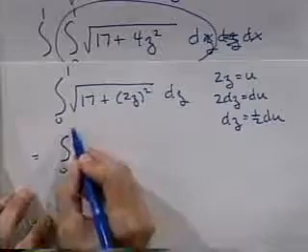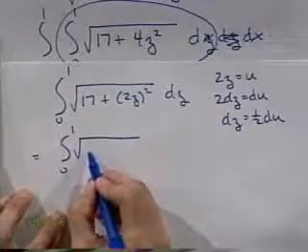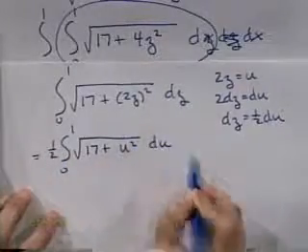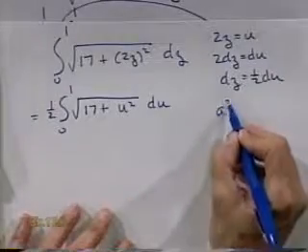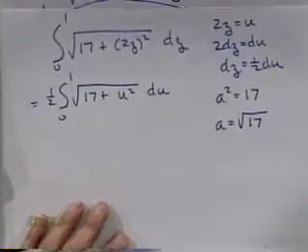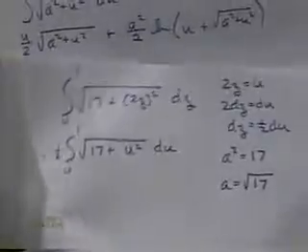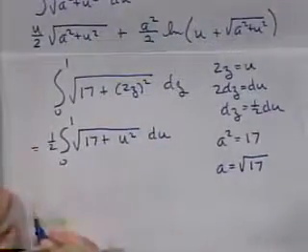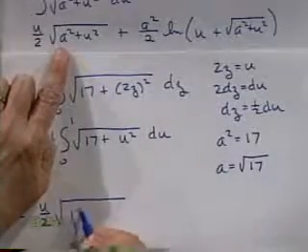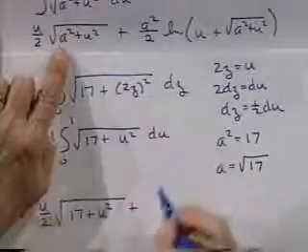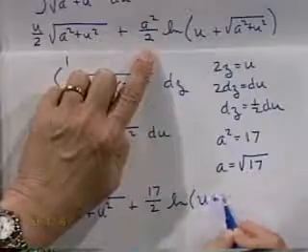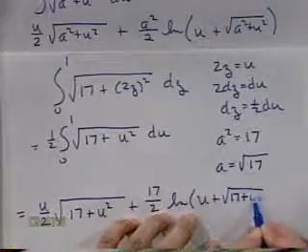So this is going to become the integral from 0 to 1 of square root of 17 plus u squared, and for dz, I'll put in 1/2 du. Now notice your a squared is 17, or a is square root of 17. All right, so just using my integration tables now, that says this is equal to u over 2 square root of a squared, that's 17, plus u squared, plus a squared, that's 17, over 2 log of u plus square root of a squared, which is 17, plus u squared.